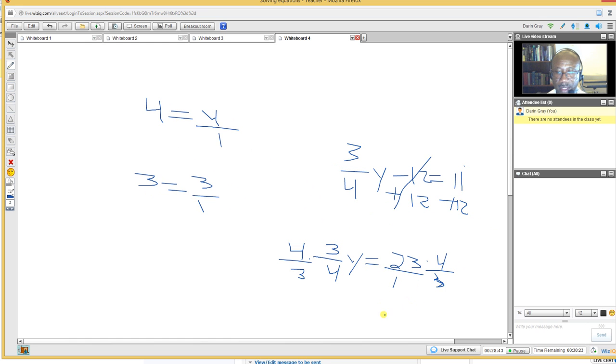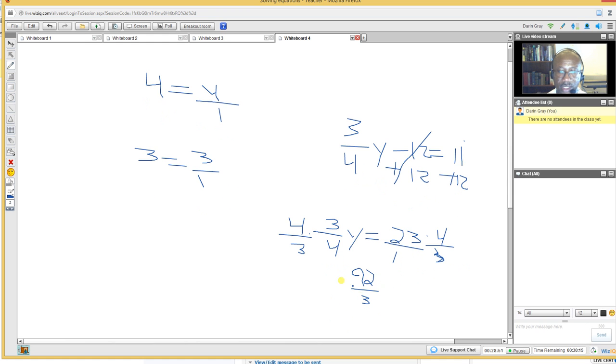And we'll end up with 4 times 3 is 12, carry your 1, 92 over 3. And again, you can just leave it like that. So for these complex problems, you want to simplify as much as possible by handling the additions and the subtractions first. And then tackling getting rid of the coefficient in front of the variable.